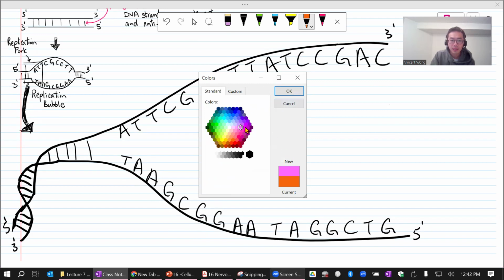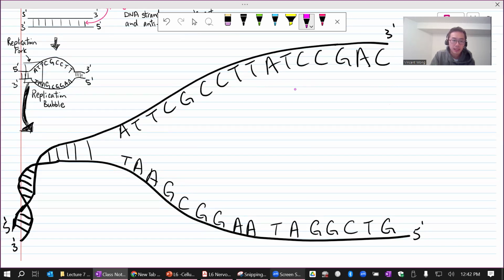The enzyme that's responsible for unzipping is this thing called the helicase. That's what you were asking, right, Merritt? Helicase, C-A-S-E. The function of helicase is to unwind the DNA.